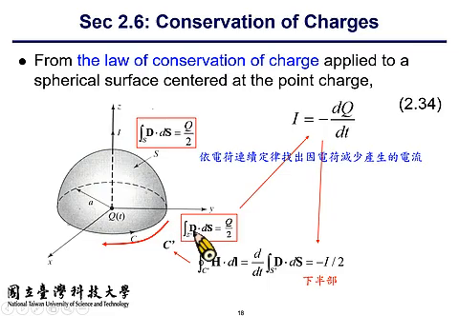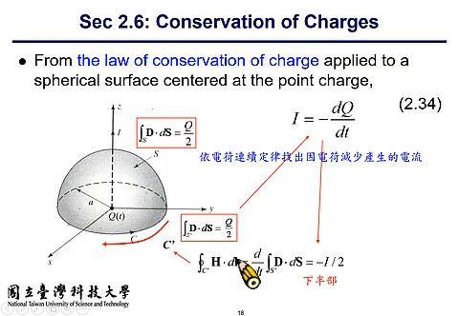So the spherical surface integral of D on the bottom half equals Q over 2, and the top hemisphere is Q over 2 as well. And if you apply this relationship to the Ampere-Maxwell law, it shall give you this relationship, okay?